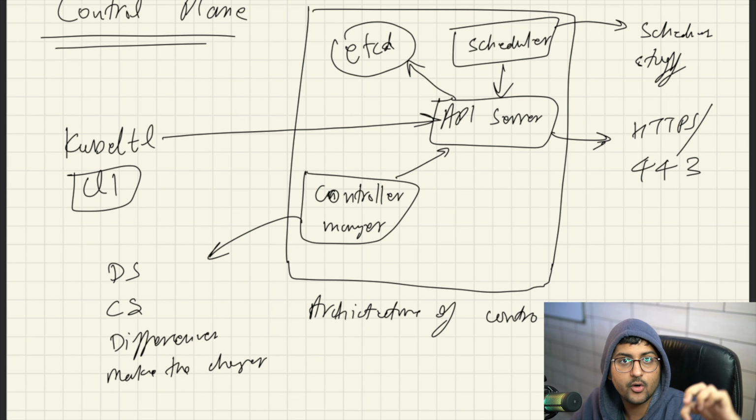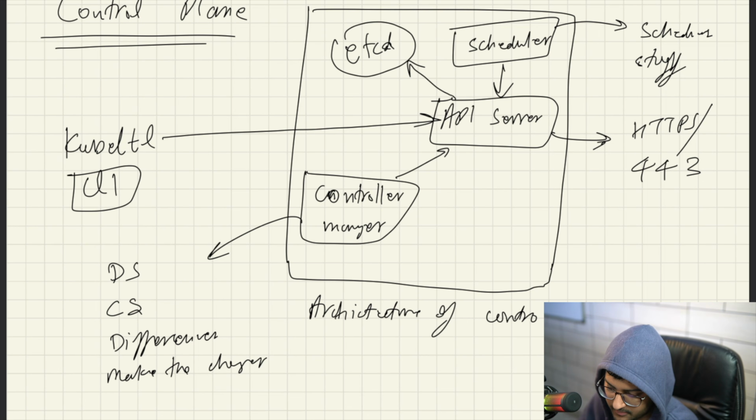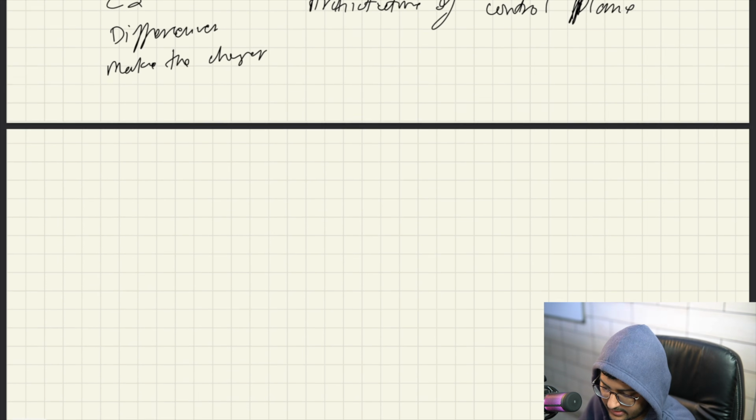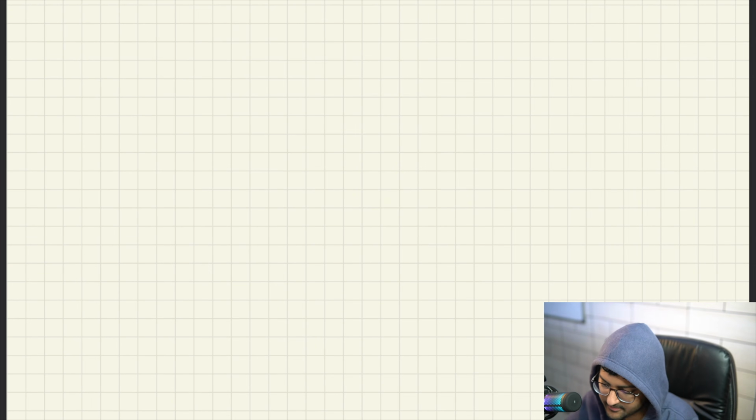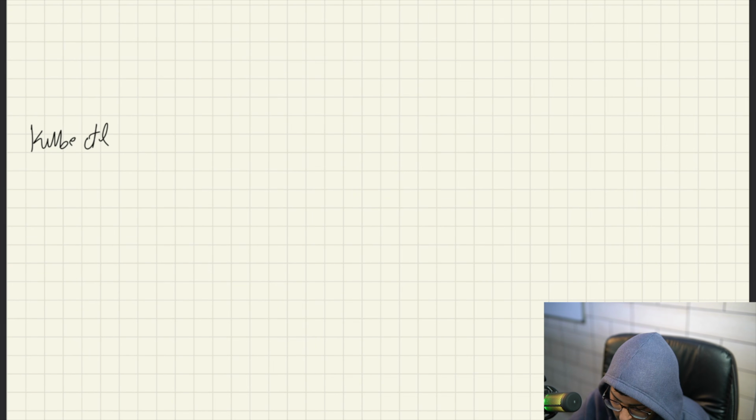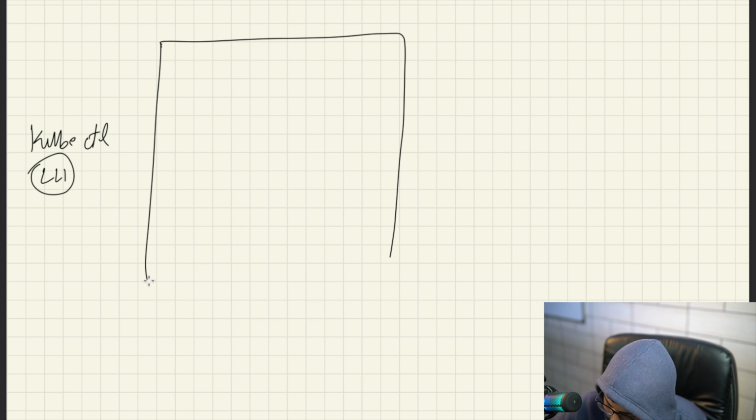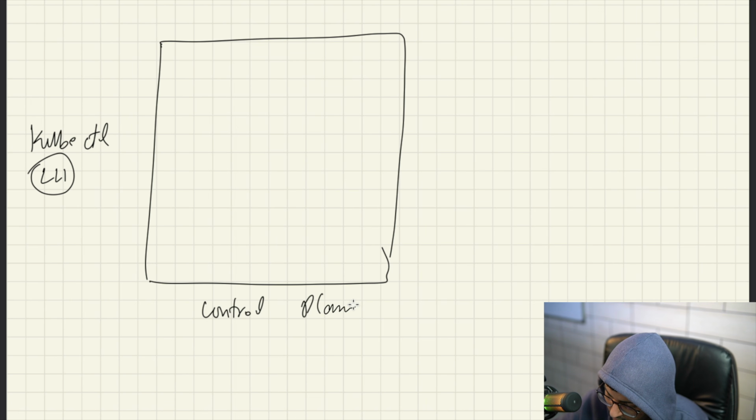Now let's take a look at worker nodes, how worker nodes work. Let me first draw a complete architecture. So we have kubectl, which is the CLI tool. We have your control plane.